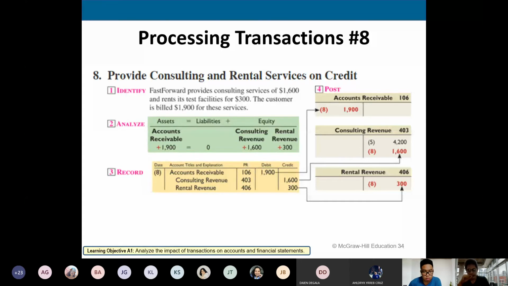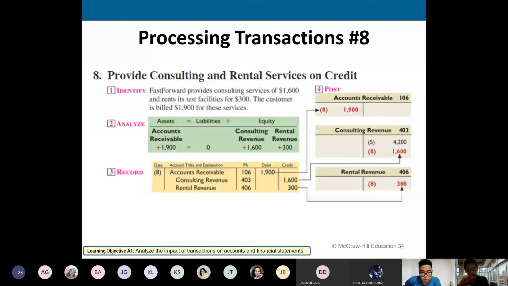What account to debit and what account to credit. Okay. As a general rule, pag on credit at on account natin at utang to, anong credit natin? Accounts payable. Tama?